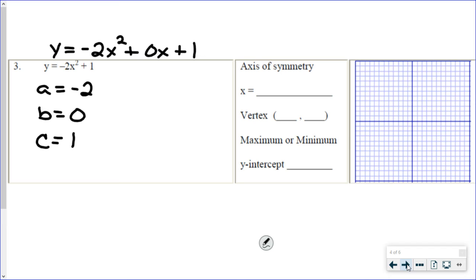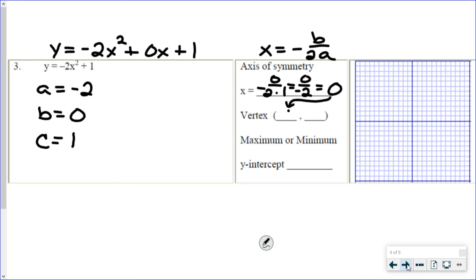Okay. So to find my axis of symmetry, I put a negative x equals, and my B is 0 over 2 times 1. So it's 0 over -2. It's just 0. Okay? So my axis of symmetry is x equals 0.